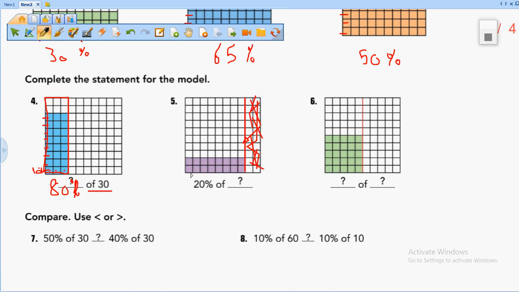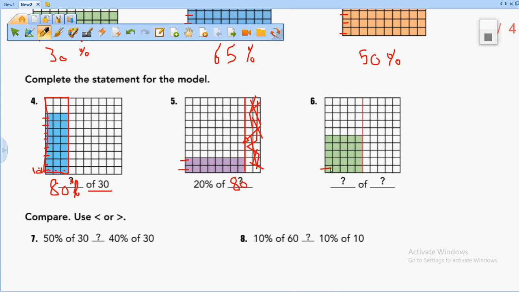So again, look, 10, 20% of, count 1, 2, 3, 4, 5, 6, 7, 8, 9, and 10. So it's 20% out of 80. So the total parts here, we have 80 parts. So the question here shaded for me only 20%.